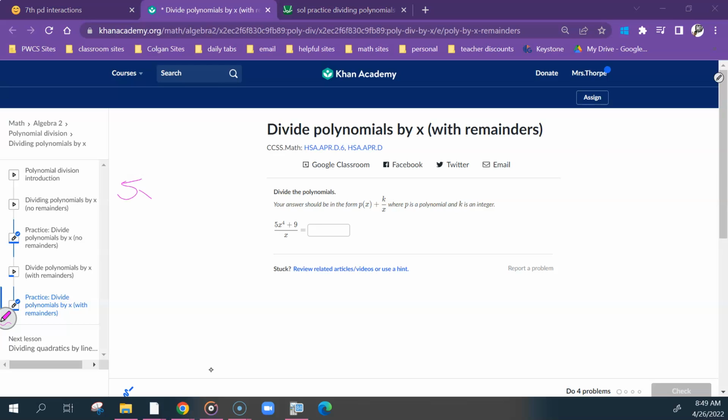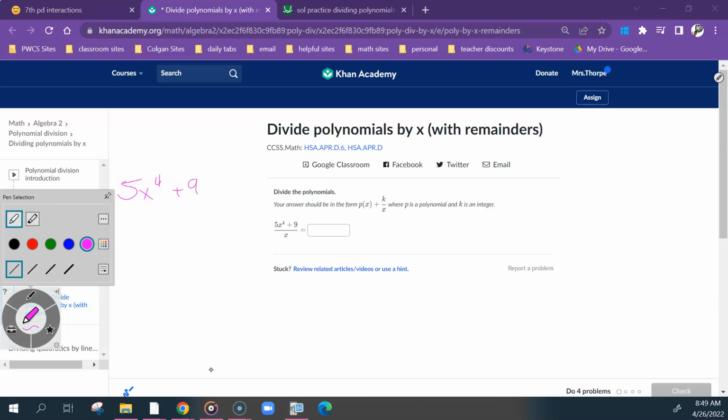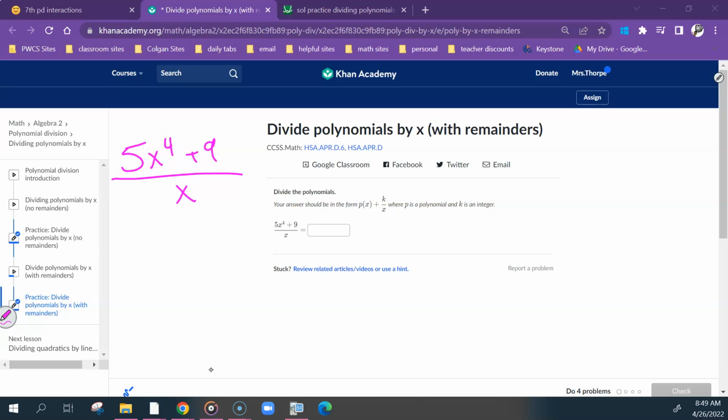I'm going to rewrite this first. If we have something like this, you would take each piece, separate it, so we'd have 5x to the 4th over x plus 9 over x.